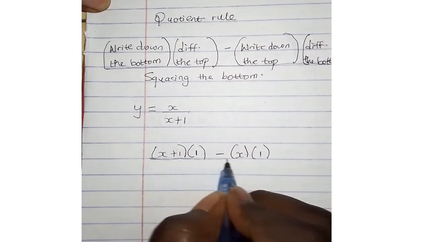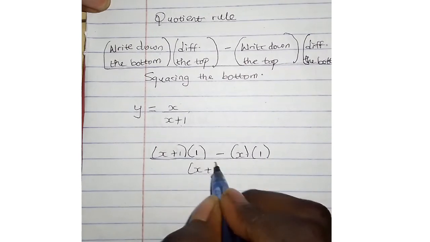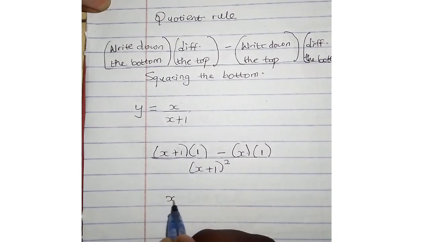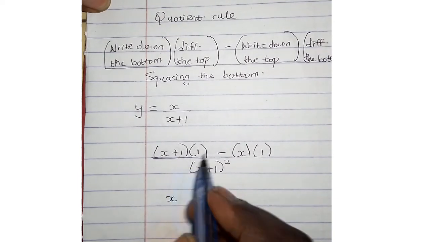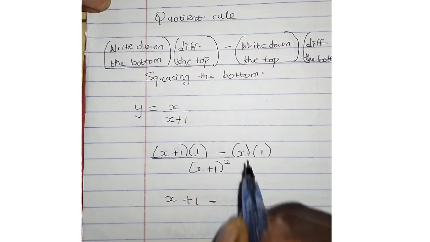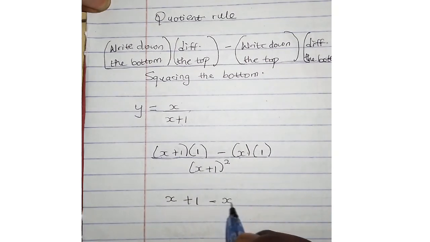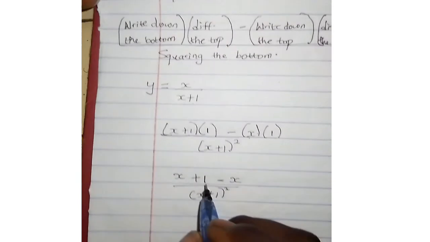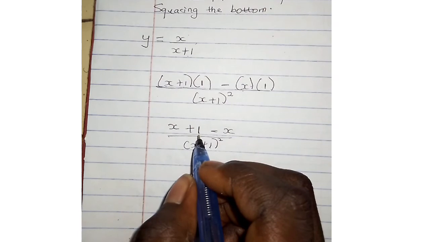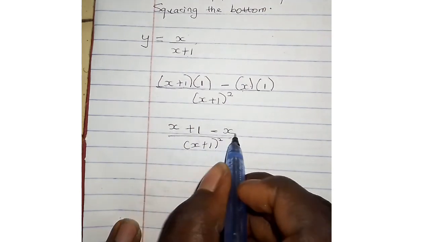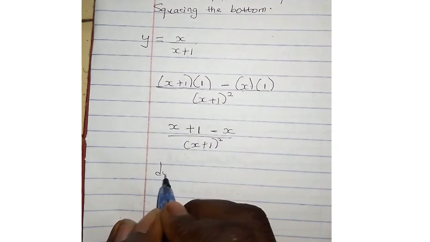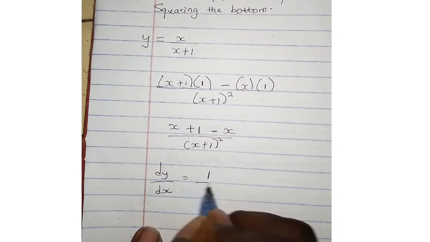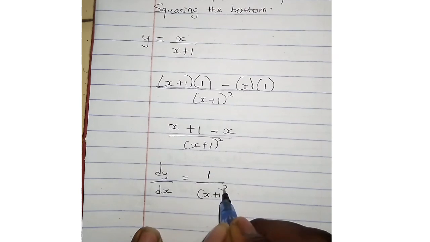All over the bottom squared. So multiplying this, we have x, and this multiplying this, we have plus 1. Subtracting this multiplying this, we have just x all over (x plus 1) all squared. Something is common here, x minus x, which gives us 0. So therefore dy/dx can be given as 1 all over (x plus 1) all squared.